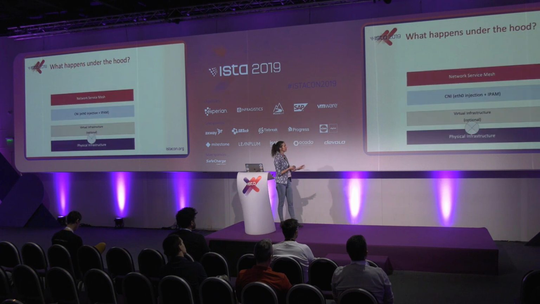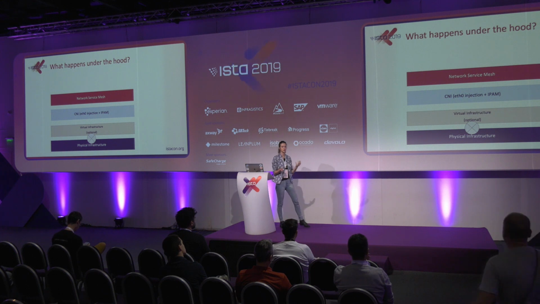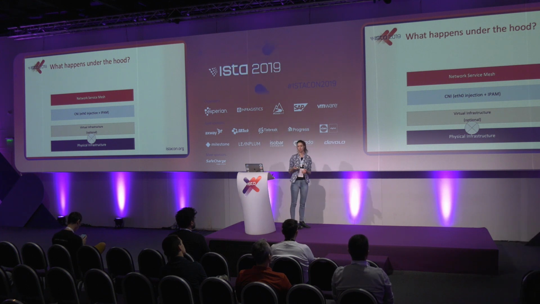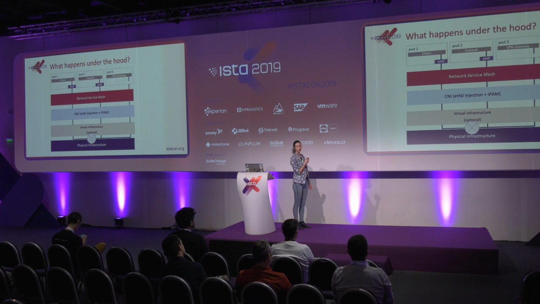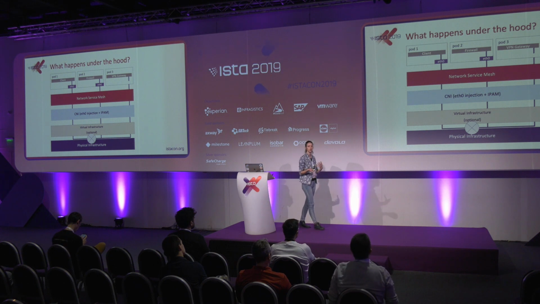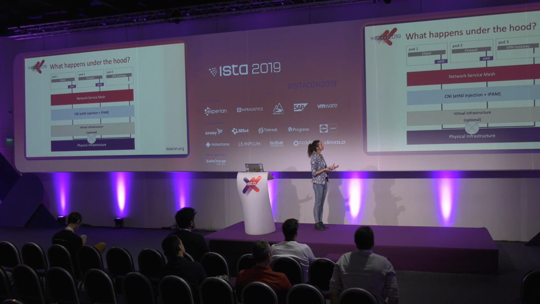And let's see what actually happens under the hood and how NSM differs from the other solutions. You remember the picture with the pods and the proxies. Here you have also a typical Kubernetes deployment, and you have network service mesh deployed on top. You have your applications, which are, again, pods within Kubernetes.